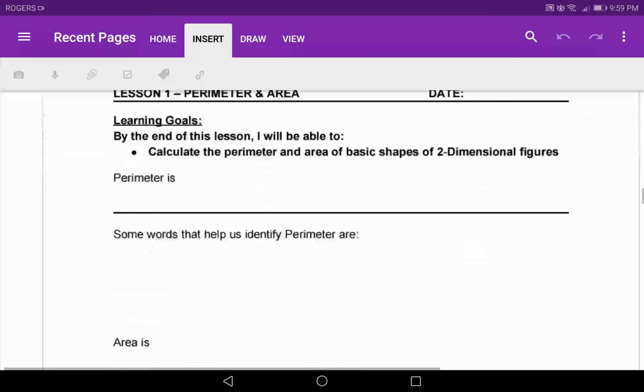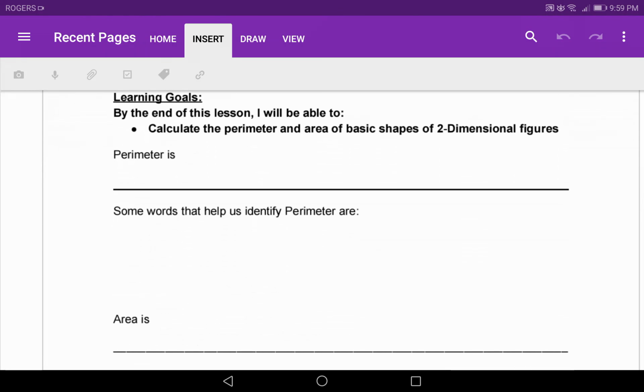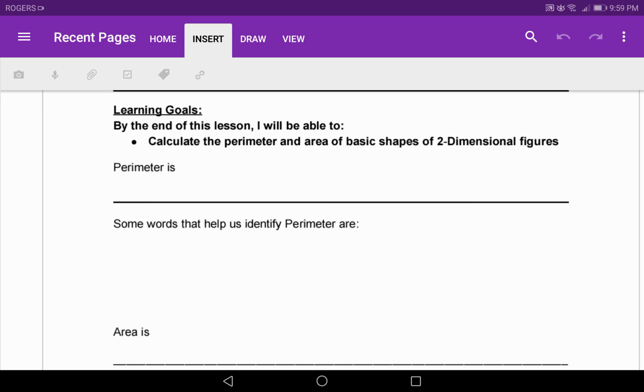So let's just do a quick recap of what perimeter and what area is. The perimeter is what you could think of as the boundary of a closed shape. So it's the length of the boundary of a closed shape.